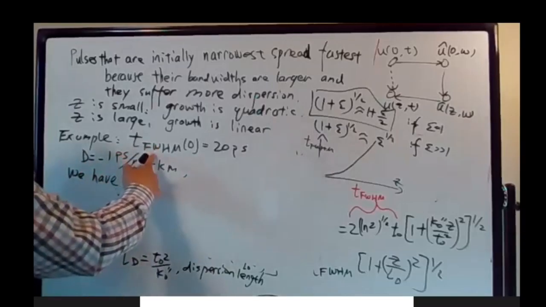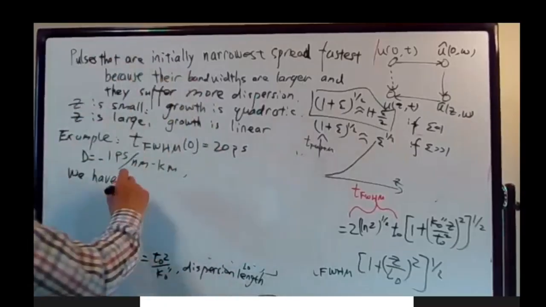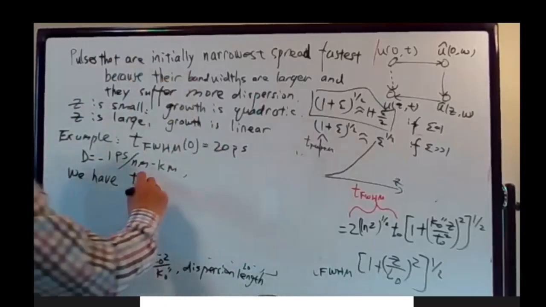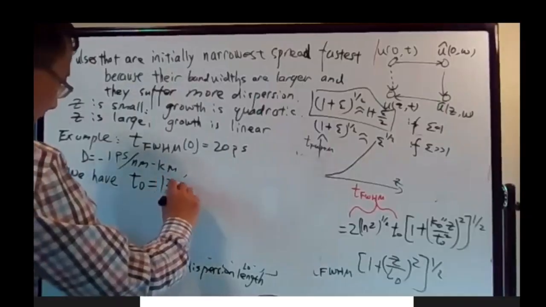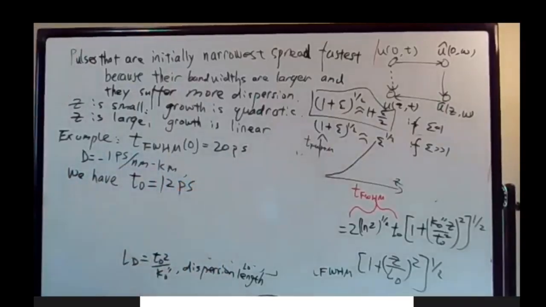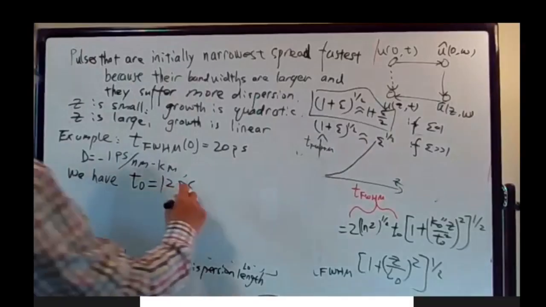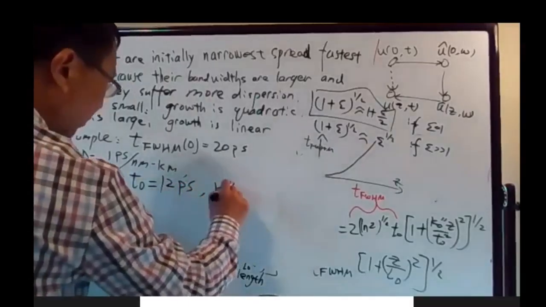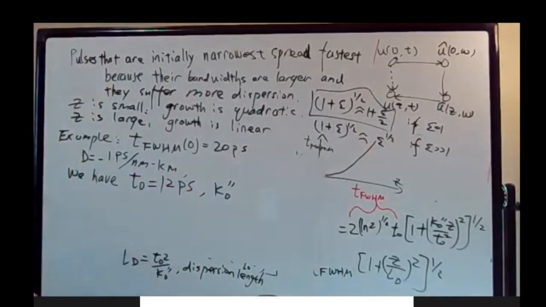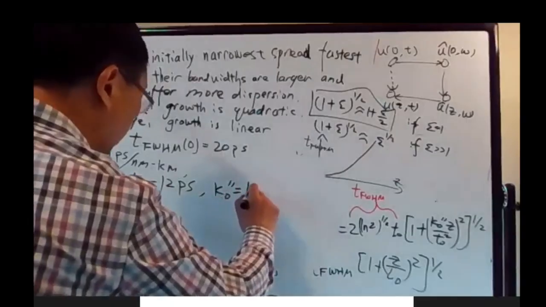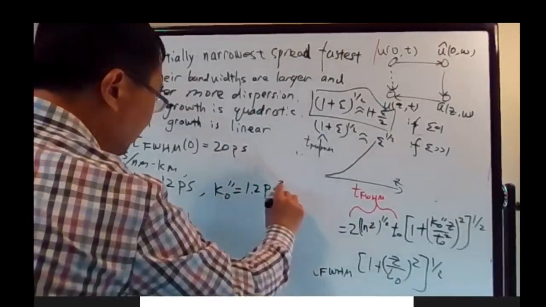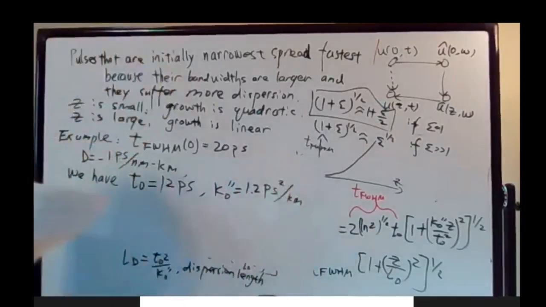From this T half maximum we can calculate T0; we already got it from the previous class. It's 12 picoseconds. And this k0 double prime we can calculate from this D. We already did it. k0 double prime is 1.2 picosecond squared per kilometer.